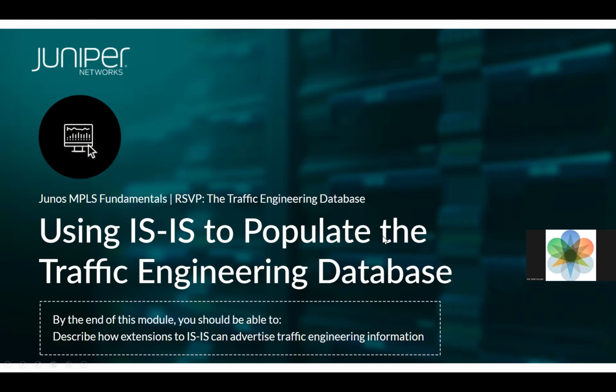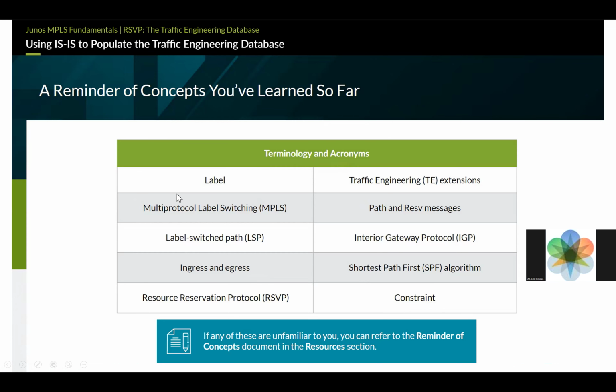Using ISIS to populate the traffic engineering database. When your IGP is ISIS, Intermediate System to Intermediate System, you can enable the traffic engineering database under the ISIS protocol. This is the terminology which is used in MPLS. We already discussed one.